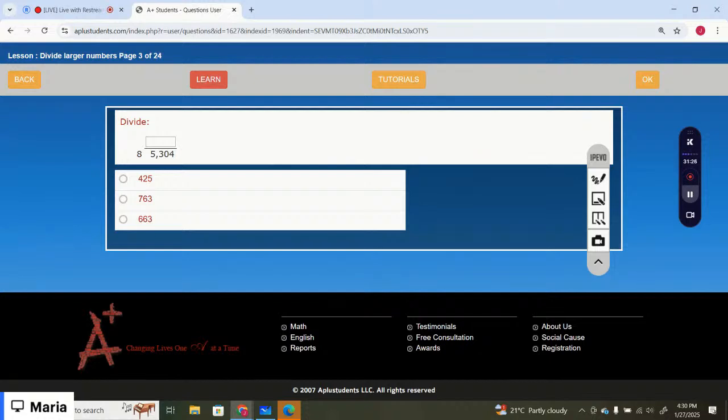5304 divided by 8. So let's just divide using the long division method.